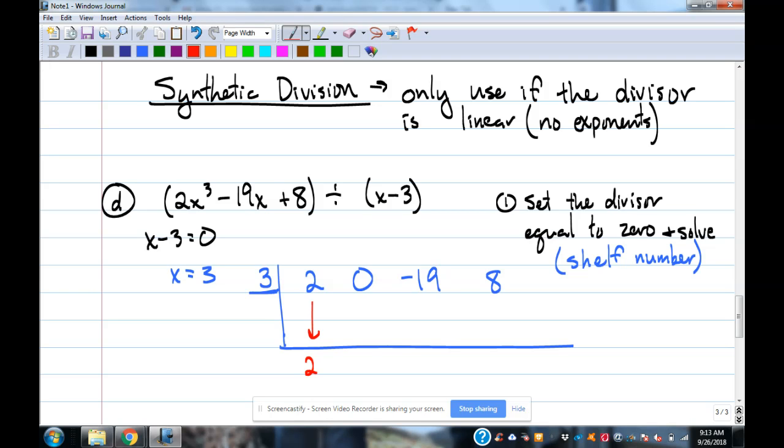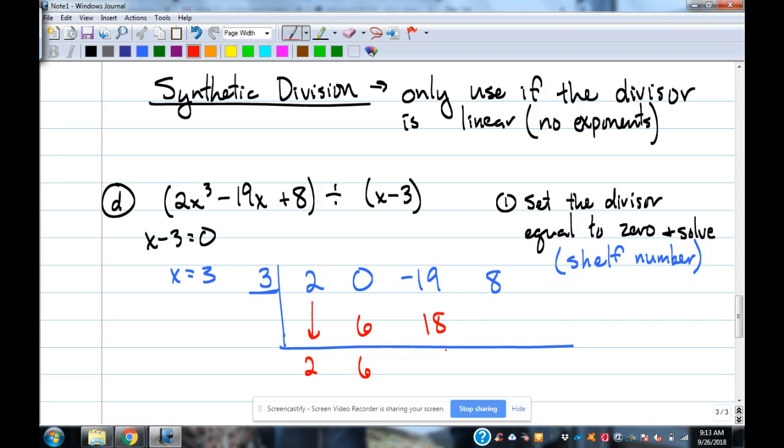Then, just like regular division, you're going to multiply. So it's 2 times the number on the shelf. So this number that drops down times the number on the shelf, and that's 6. Then we're going to add 0 plus 6, 6. Multiply again. The 6 times 3 is 18.